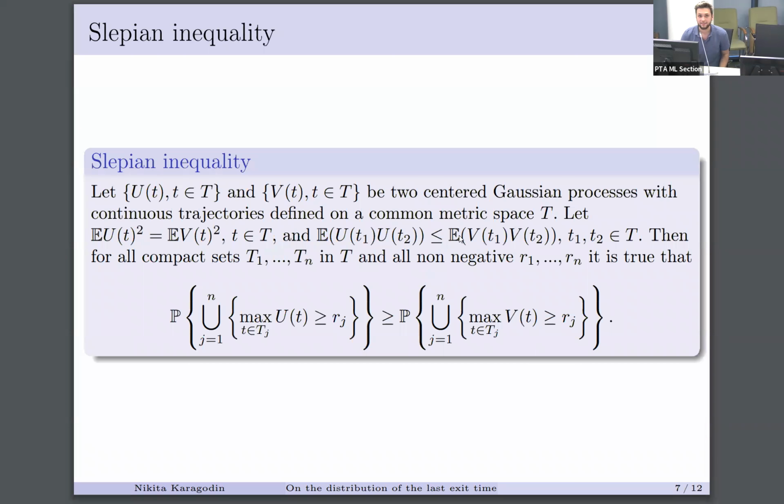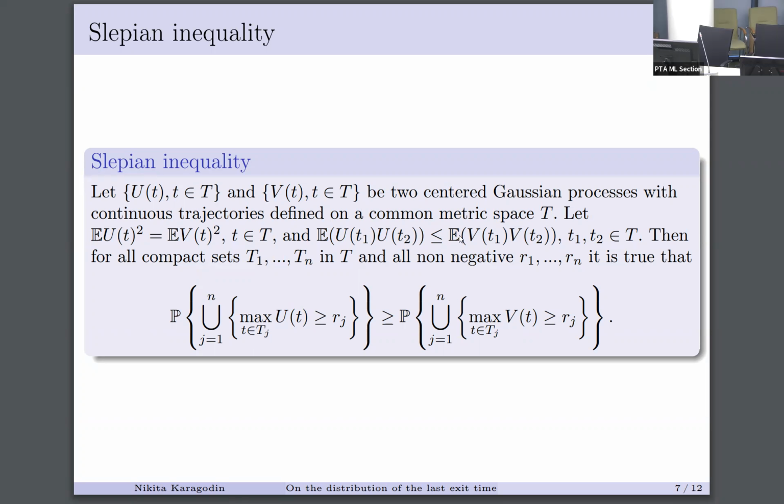There is the Slepian inequality, and it's used only for Gaussian random variables, but I will explain it in the simplest case. Imagine you have Gaussian random vectors u and v. So it's u1, etc., un, and v1, etc., vn.